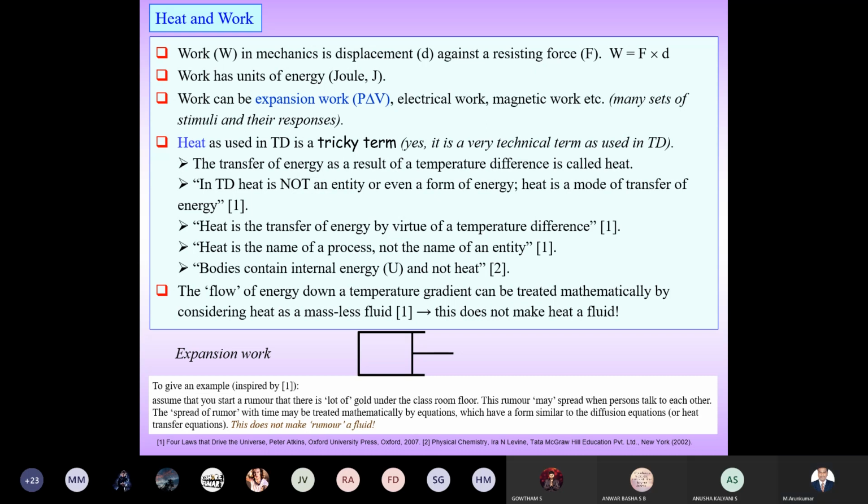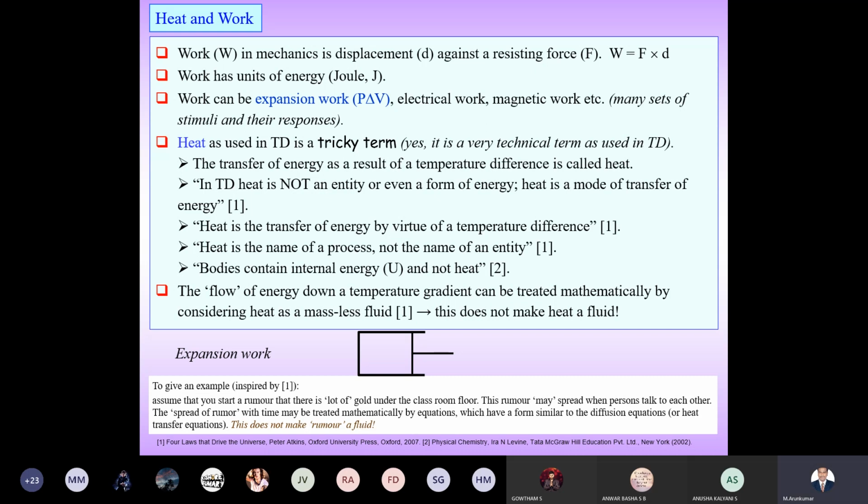Then heat. Heat as used in thermodynamics is a tricky term, as we discussed with temperature. Yes, it is a very technical term as used in thermodynamics, because the transfer of energy as a result of a temperature difference is called heat. So how can we state heat?